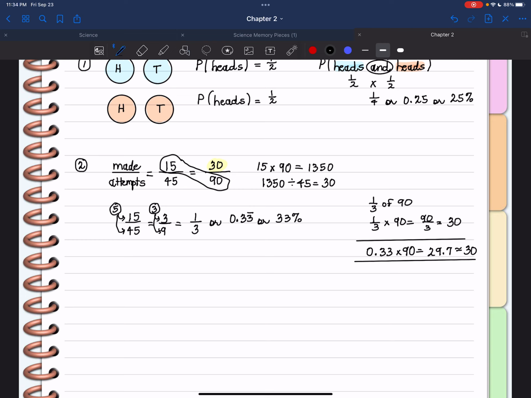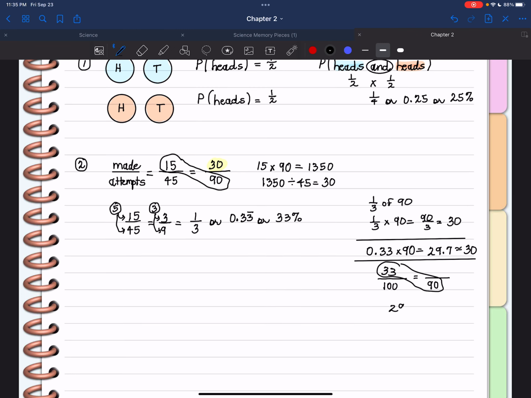You could say 33% times 90, or of 90. So 33 times 90 is 2970, divided by 100 is 29.7, or about 30.